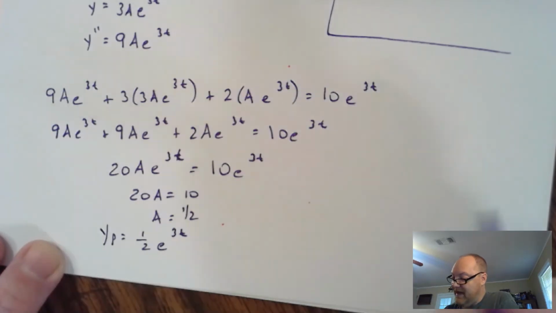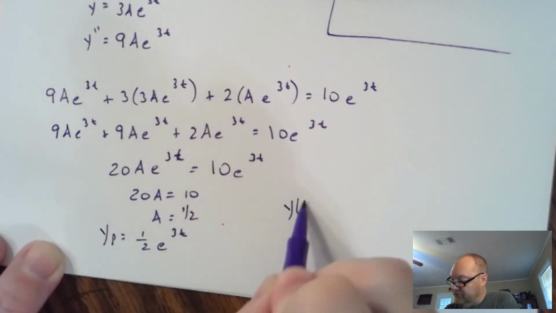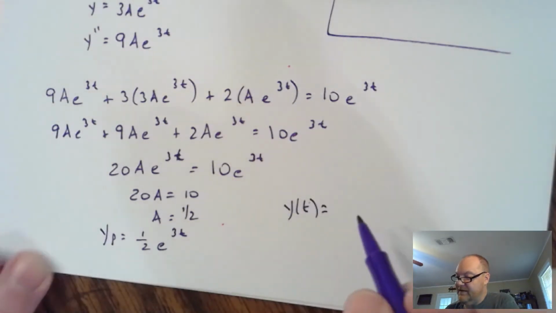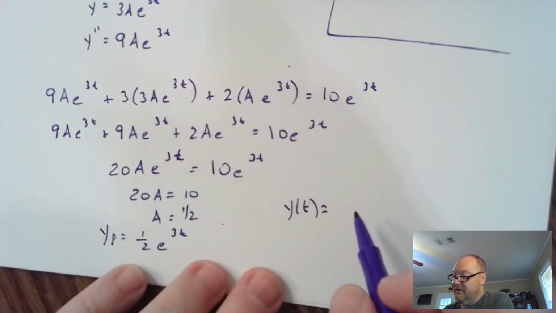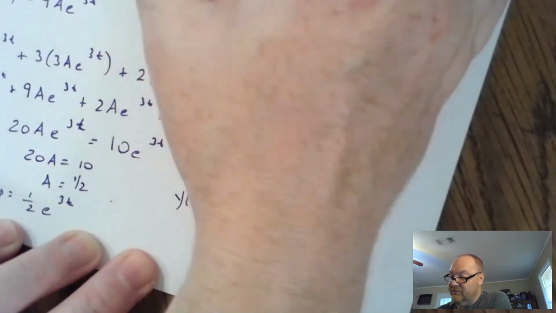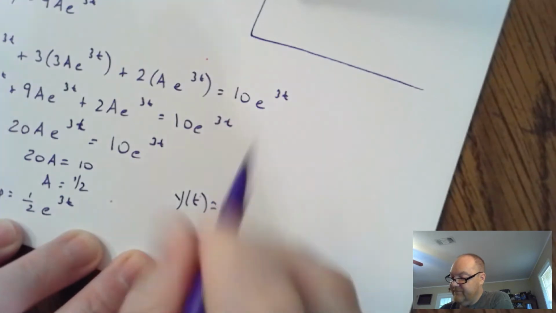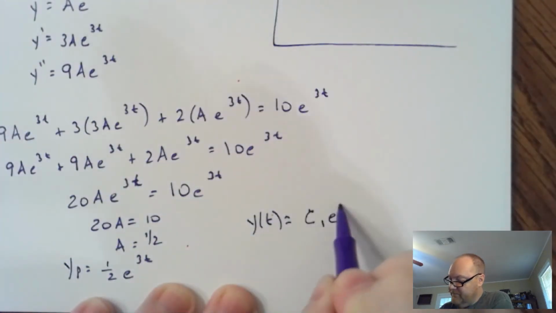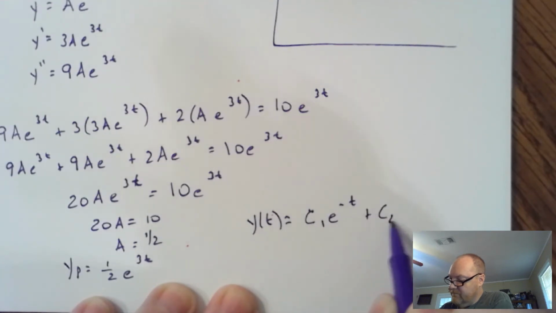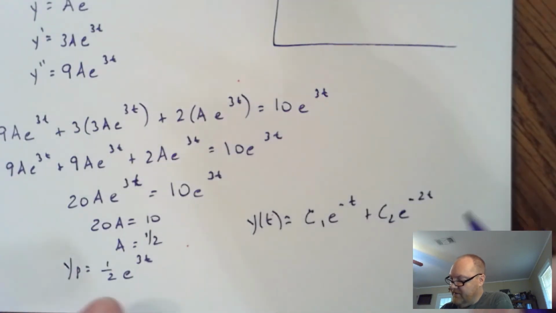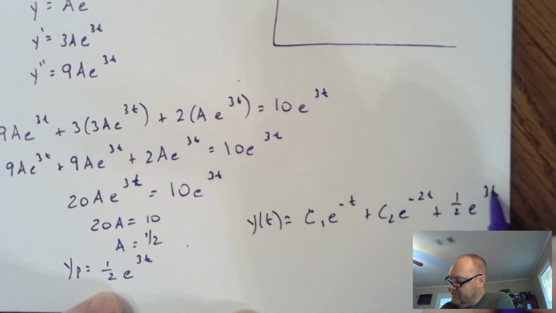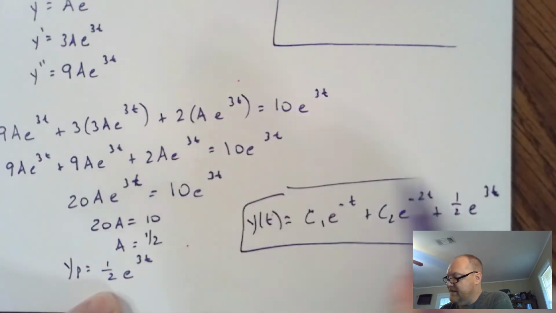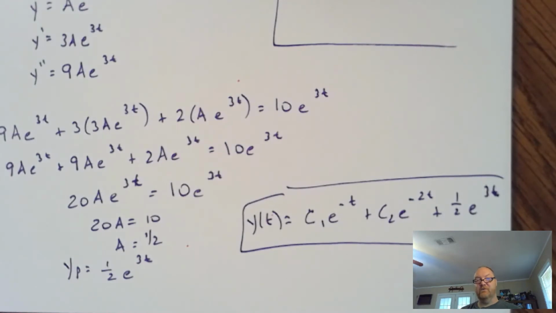Now keep in mind that our general solution is the characteristic equation solution, which was this, plus the particular solution portion. So that is the solution to the differential equation.